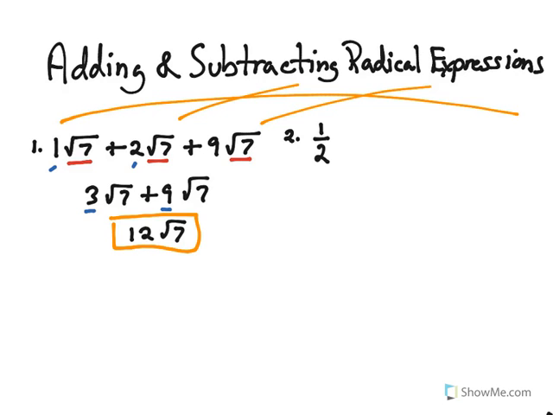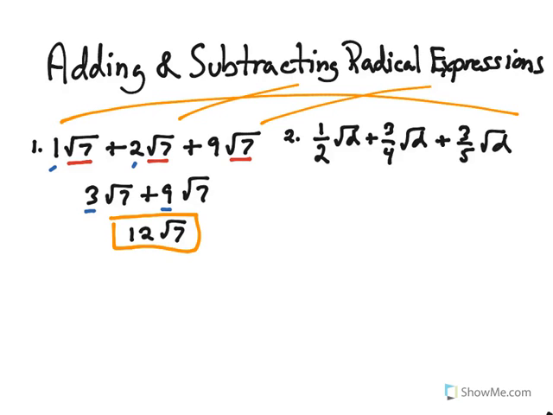You have 1/2 square root of d plus 3/4 square root of d plus 3/5 square root of d.